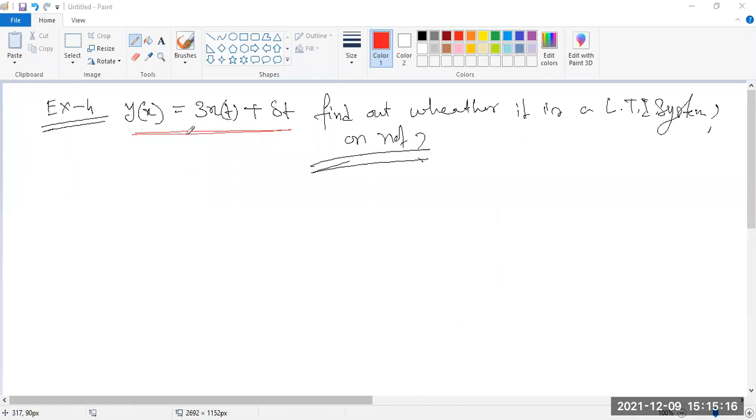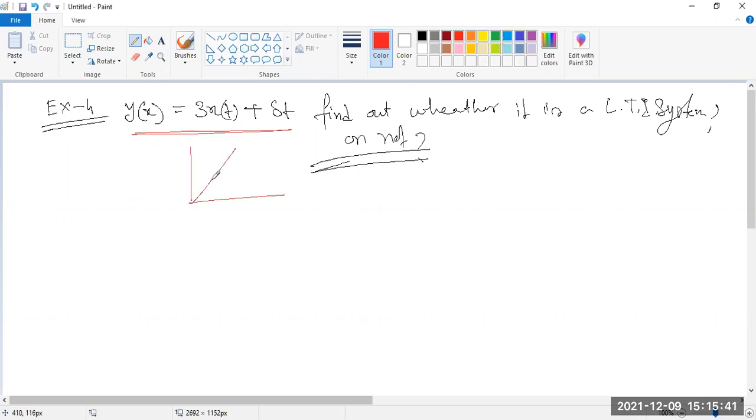Okay, guys, please tell me whether this is an LTI system or not. So we have to examine it. First, is that a linear system? Yes, it is a linear system.